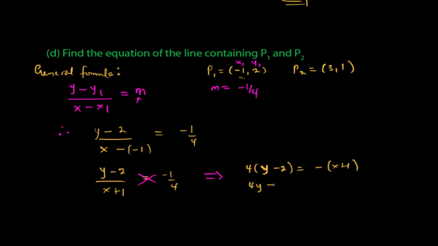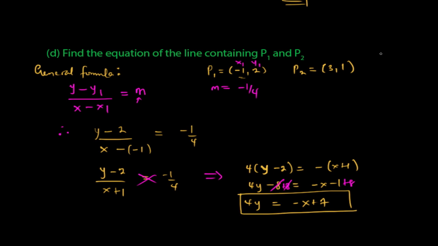This gives you 4y minus 8 equals negative x minus 1, and then this becomes 4y equals, so to clear the 8 from this side, we just add 8 to both sides, so this goes off. What we have here is negative x, then negative 1 plus 8, which is 7. So this is the equation of the line, and that completes the first problem on that practice question.